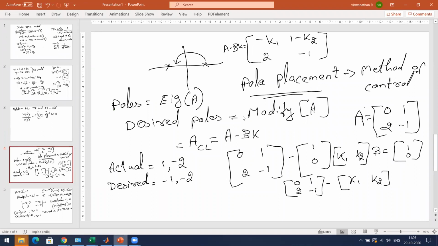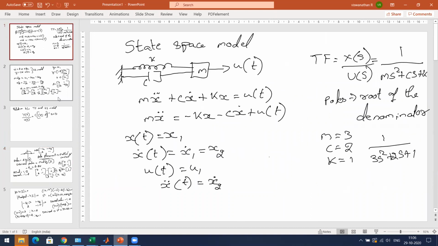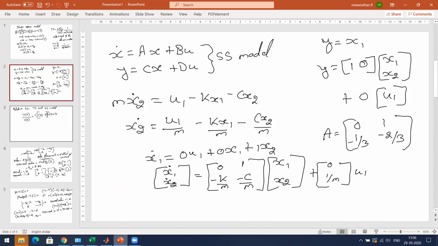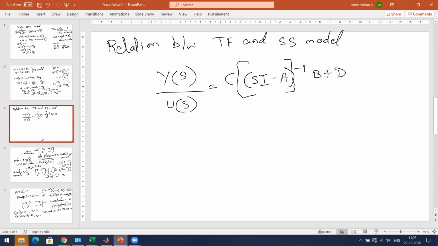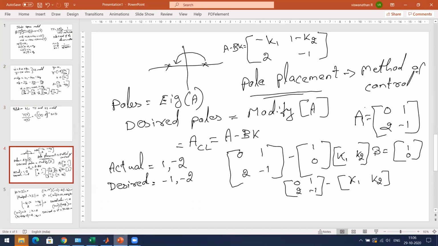Just so you know, A minus BK is the closed loop A, and poles are nothing but the eigenvalues of this A matrix. It looks a bit complicated, but I think I've revised it also, so you should be able to understand a bit at least.